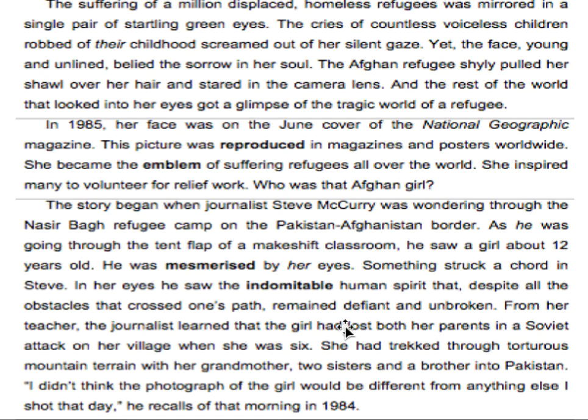When we want to understand the text quickly, we just go through quickly, read a few words in each paragraph, and get the main idea of what it is about. The other thing we can do is to focus on the bolded words like these: reproduce, emblem, mesmerize, indomitable. Those words could give you more ideas on what the whole text is about.